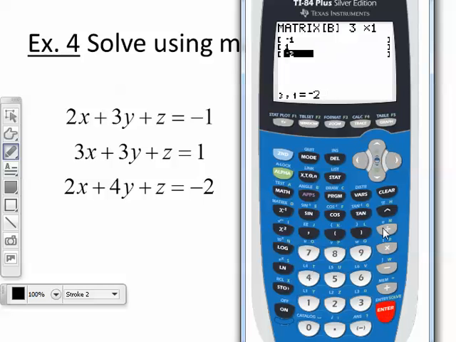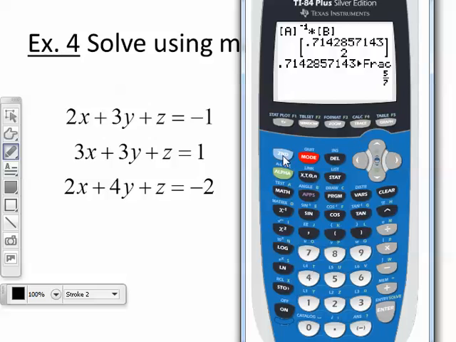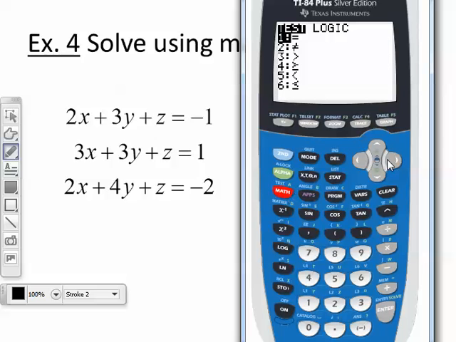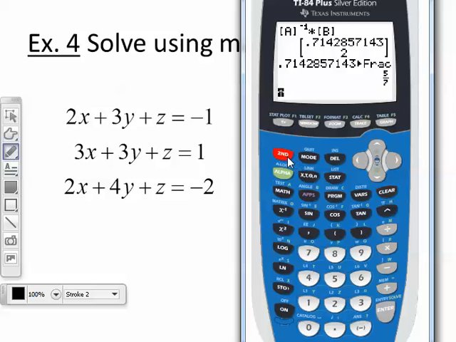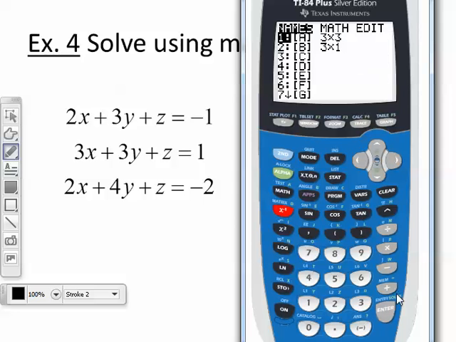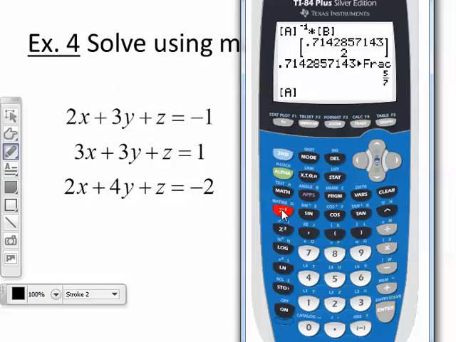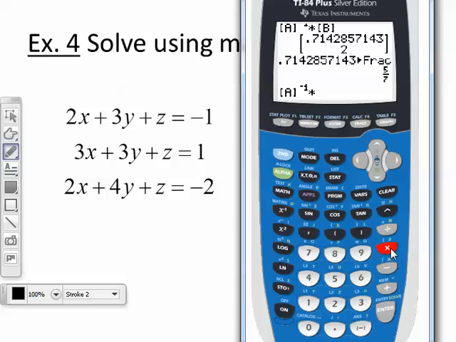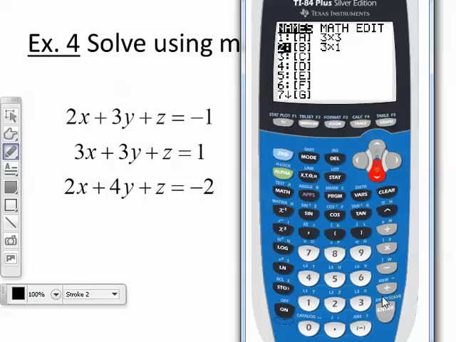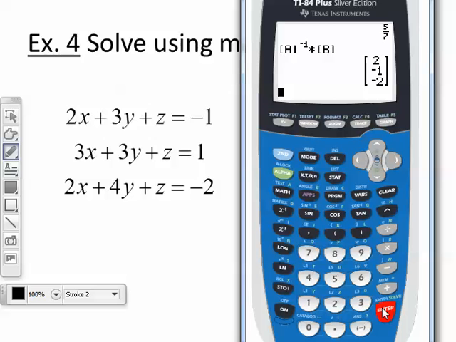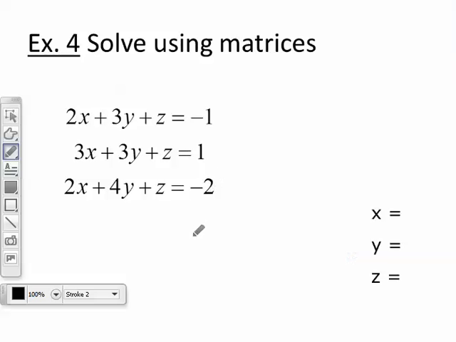Okay, now that I've got those entered into the system, I do a second matrix, A inverse times second matrix B, enter, hit enter, and I get values for x, y, and z of x equals 2, y equals -1, and z equals -2.